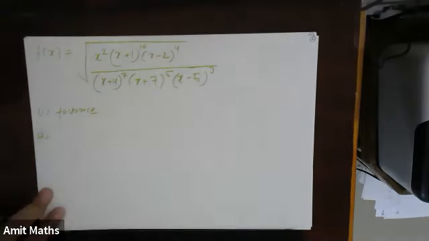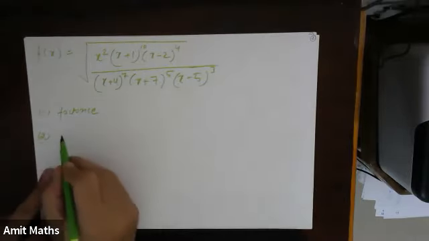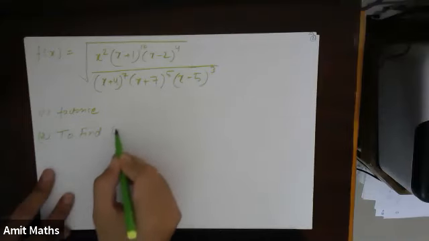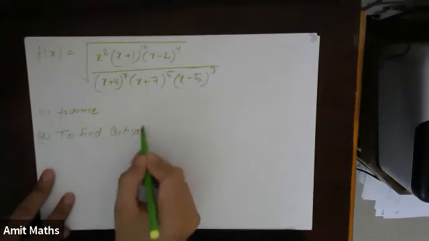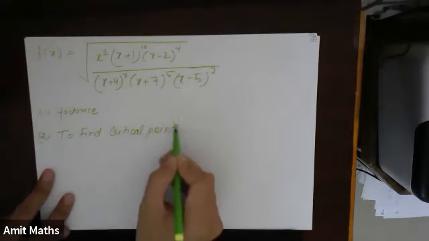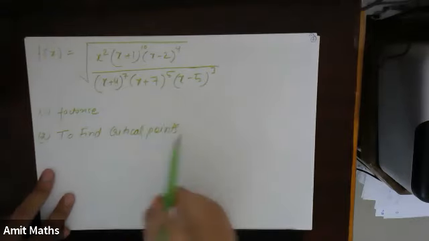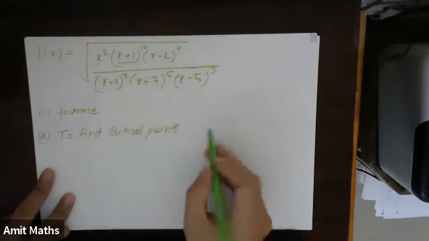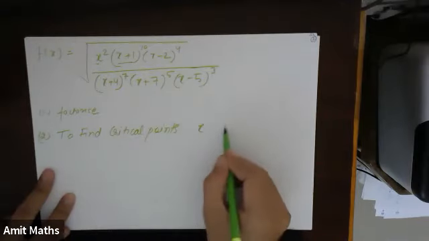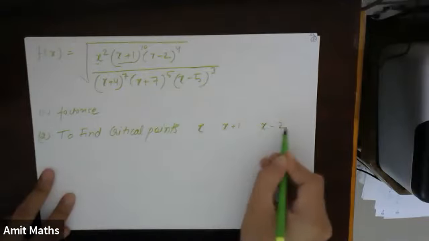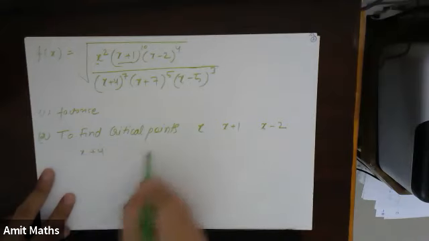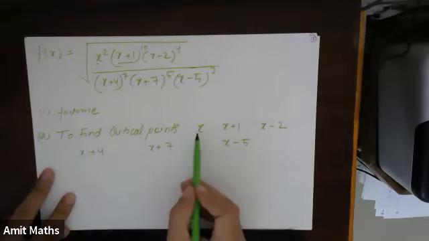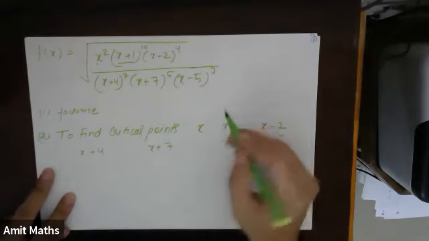Second is to find the critical points. We will do exactly the same as we have done before. We will find the critical points for the different factors. So we'll write the critical points for all of them separately.